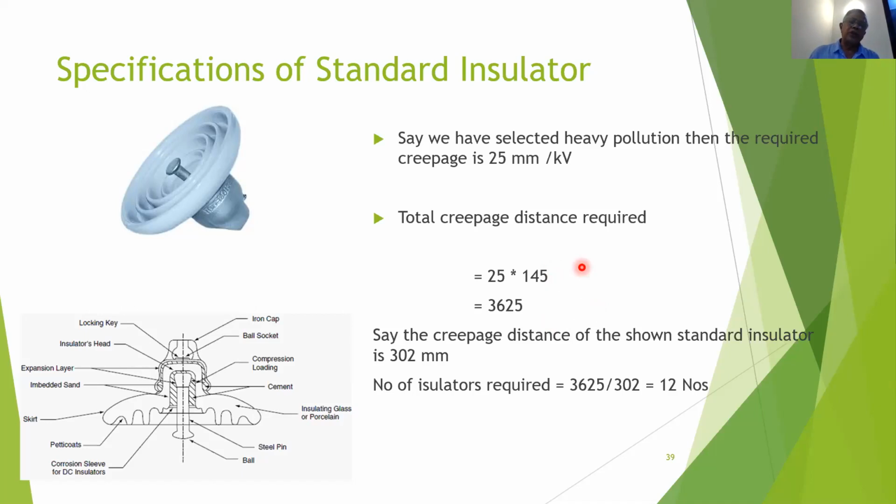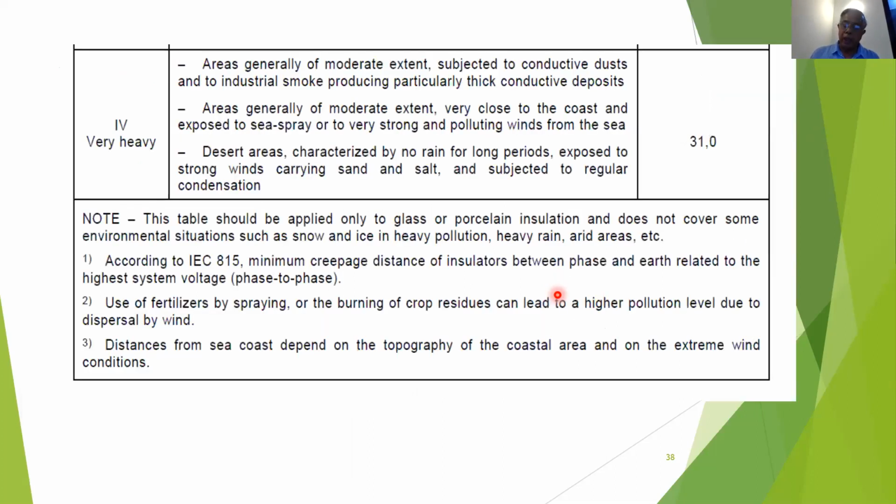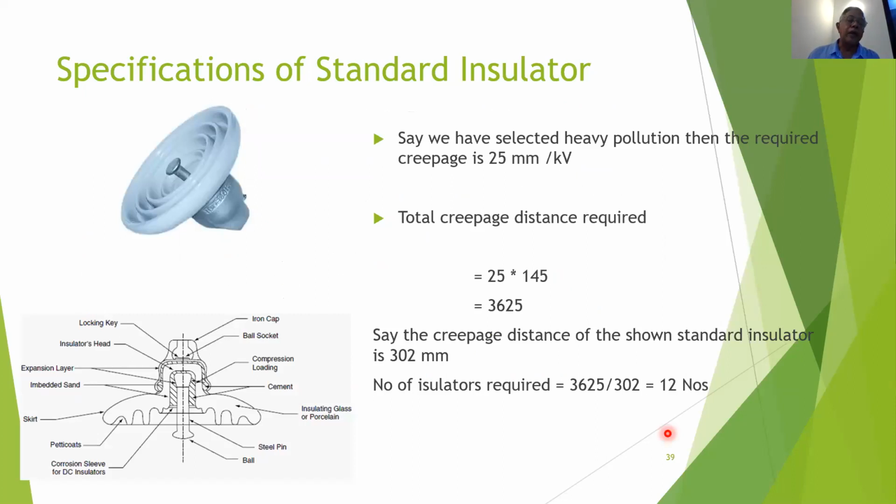So that is the pollution level of medium, 20 millimeter per kV. That is how you select the insulator string.